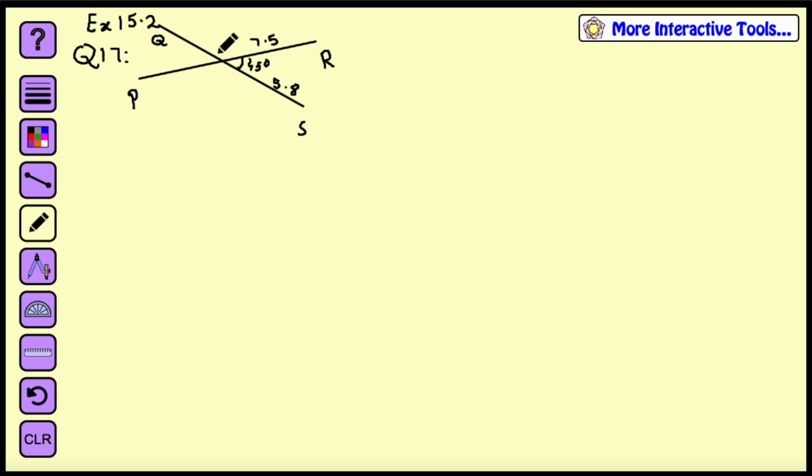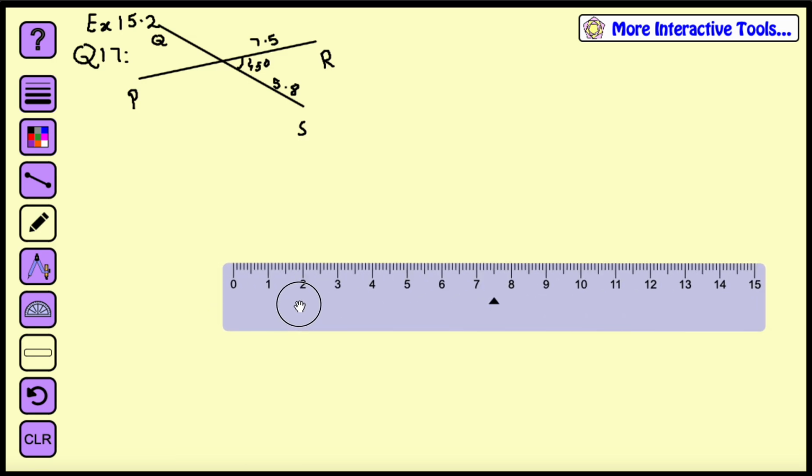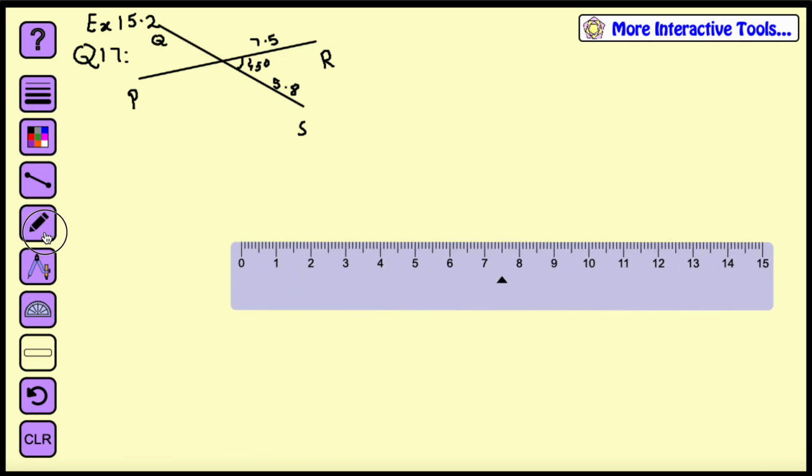So what we will do, we'll draw first a 7.5 line.